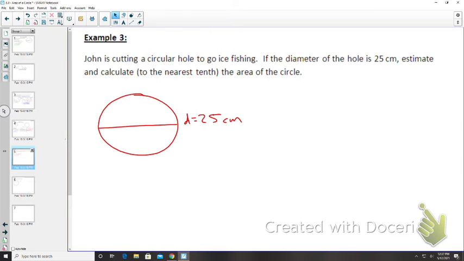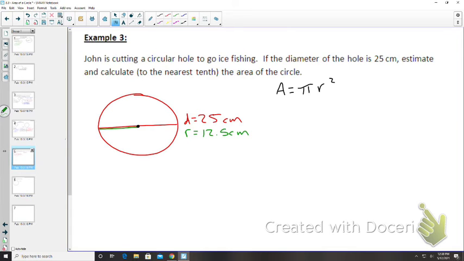Now remember, for area, it is pi r squared. So we need to find our radius here. Hopefully you remember that the radius and the diameter are related, in that the diameter is twice the radius. So if we know the diameter is 25 centimeters, then our radius, which will just be half of that, will be 12.5 centimeters.